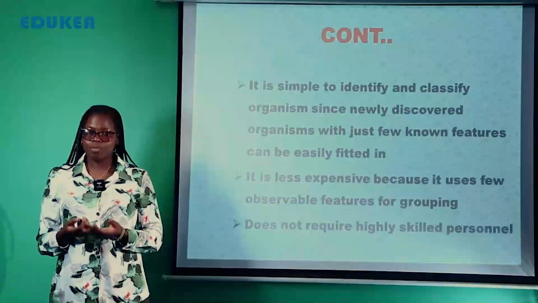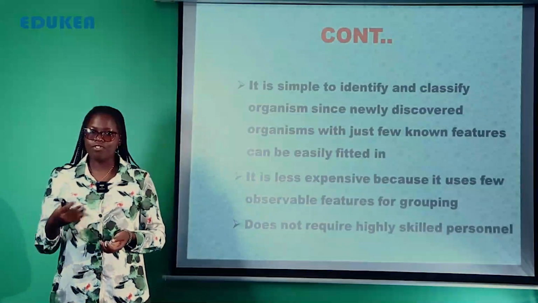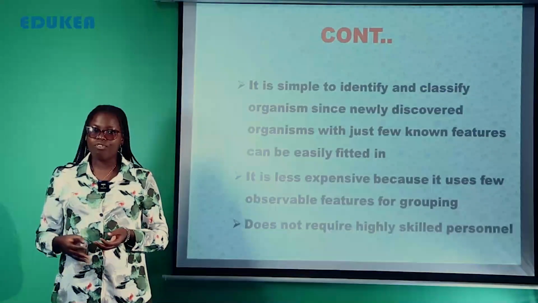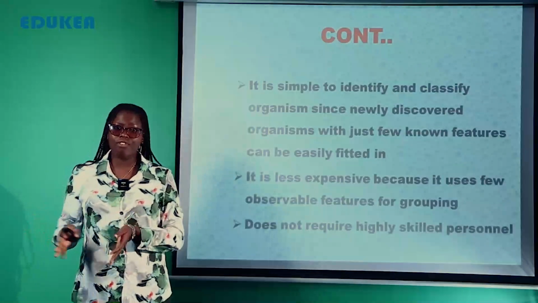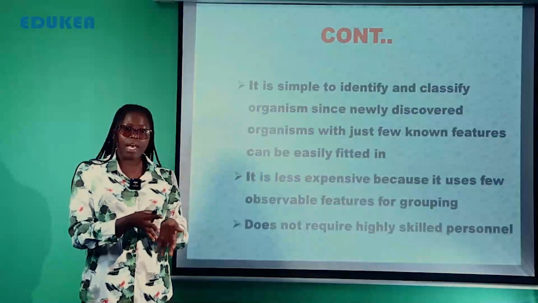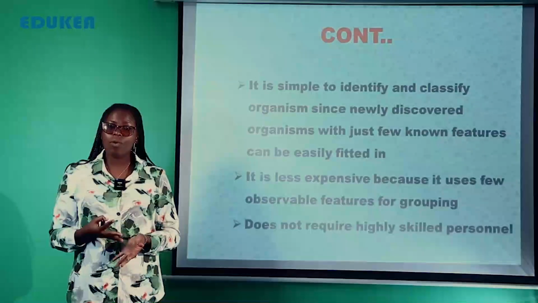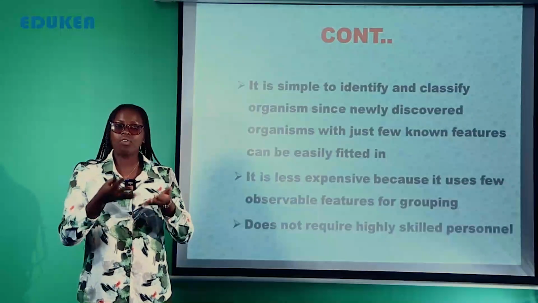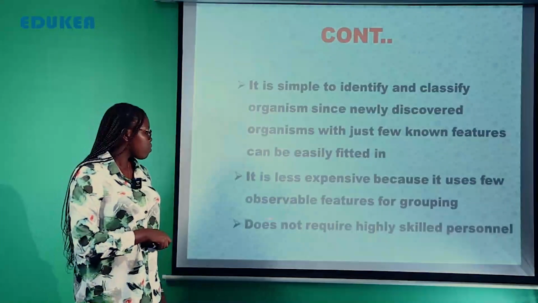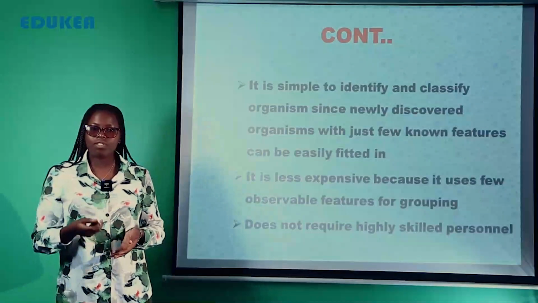It does not need scientific investigation, scientific research, approval, traveling, presenting a proposal or presenting findings, because we are looking only at a few features which are visible. The other one, it does not require highly skilled personnel, and this is why any person can perform it.